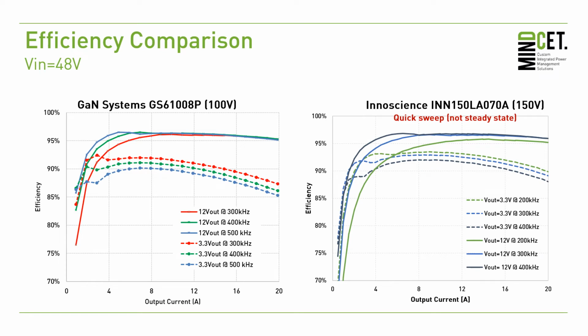Then if you look at pure efficiency comparison in both cases, so from 48 to 12 and from 48 to 3.3 volts, we see that both the GaN Systems evaluation kit and the InnoScience evaluation kit in combination with our MDC901 gate driver perform very similar. So the efficiency is maybe a few percent higher for the InnoScience devices, but it's really similar to each other.